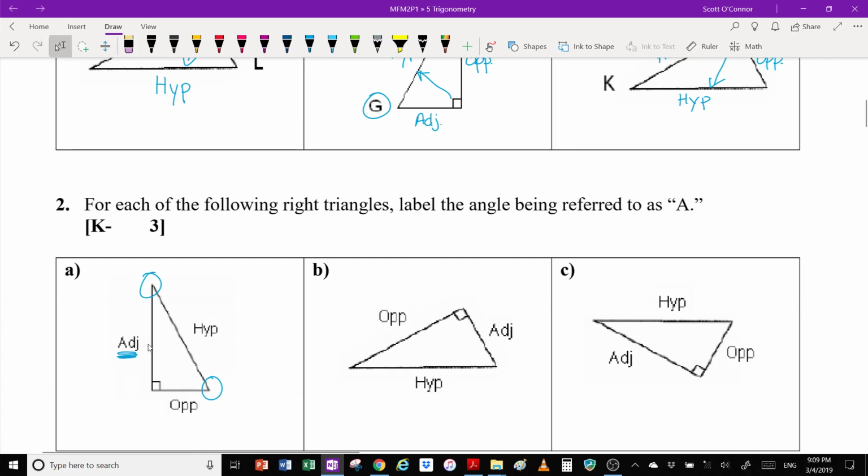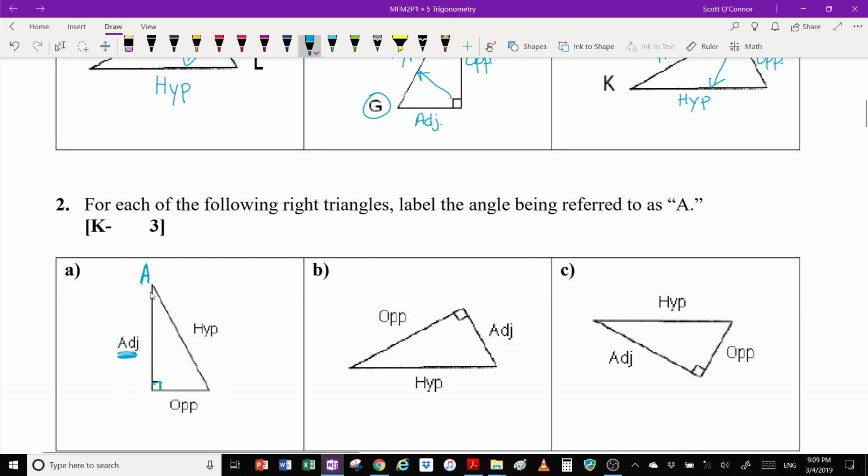That means that the angle A must be an angle that is next to this side right here. Obviously that means that the angle has to be right here, because the only other angle that this ADJ could be next to is the right angle, and clearly the angle can't be that one. So the angle here that we're referring to is A.